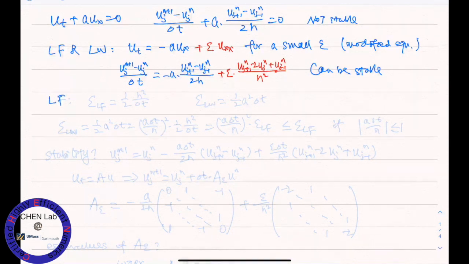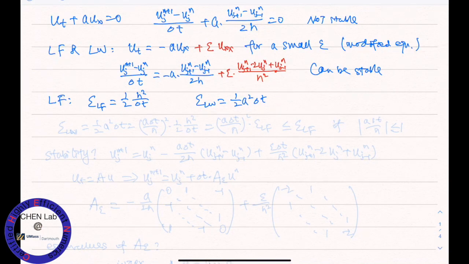Basically, for the Friedrichs scheme, we know that epsilon LF is one half h squared over delta t, and the Wendroff epsilon is equal to one half a squared delta t.